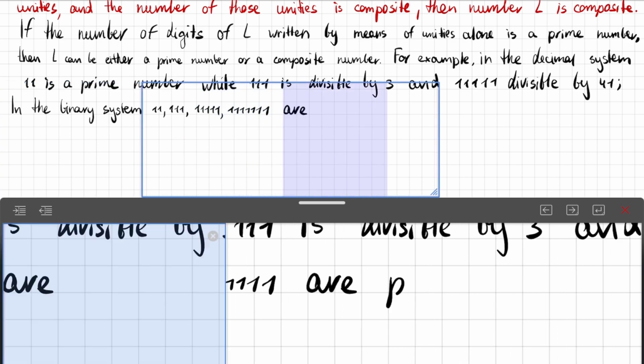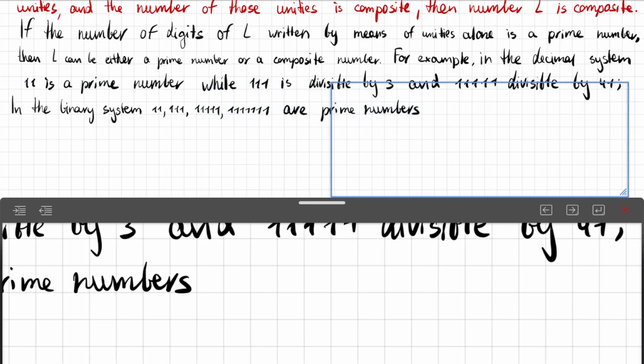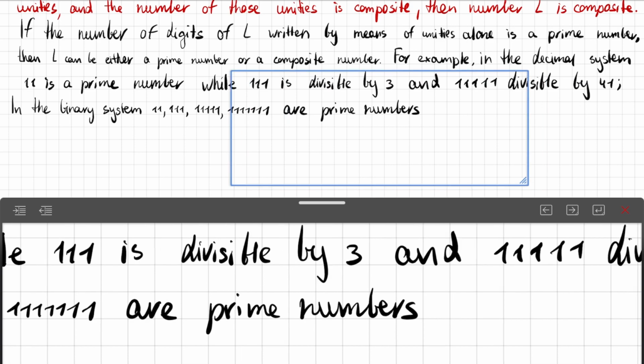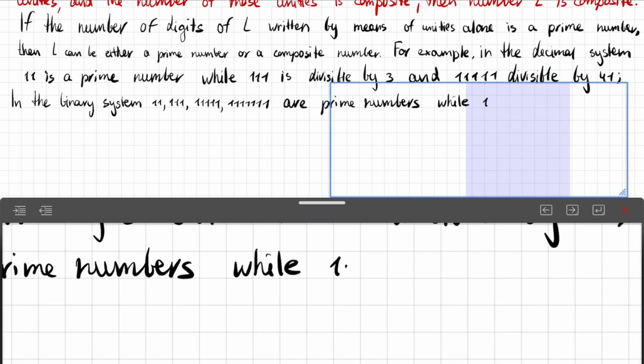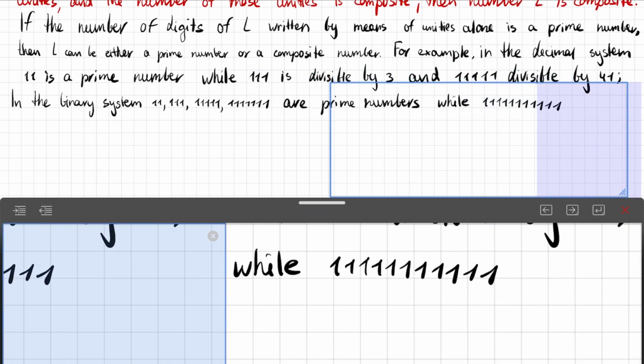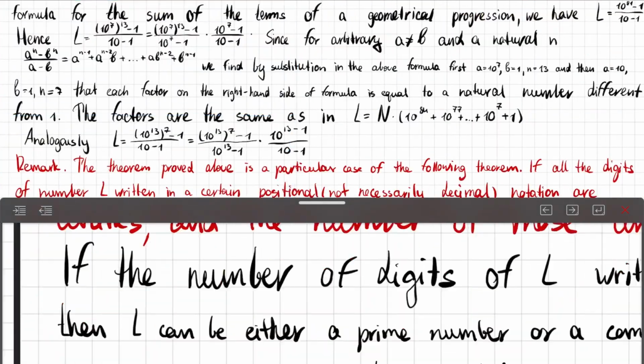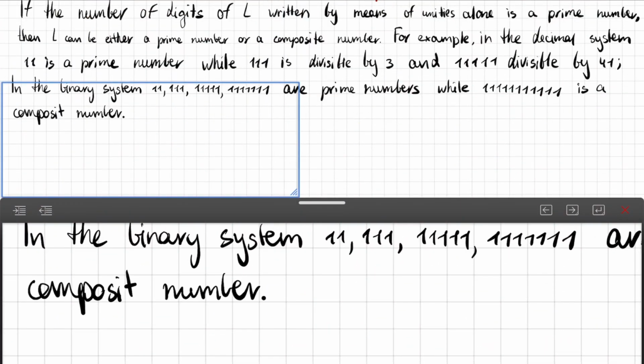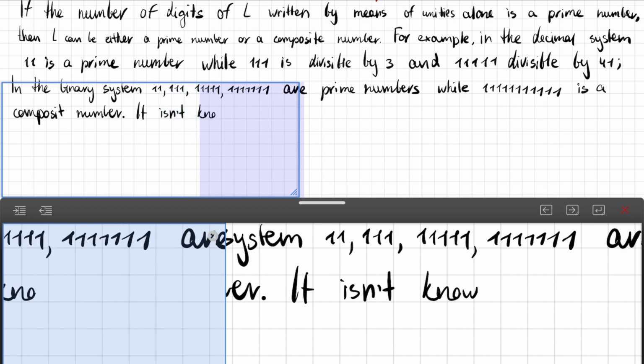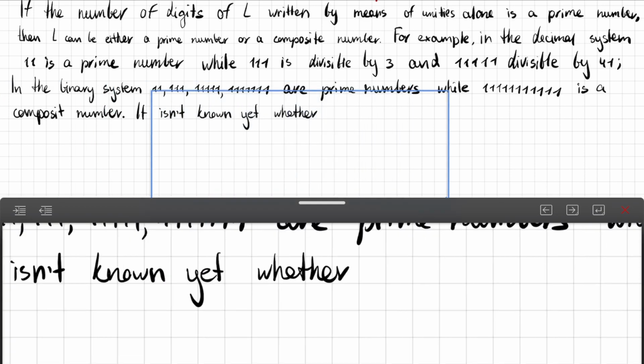In the binary system, 11, 111, and so on are prime numbers, while 1,111,101,111,111 is a composite number.